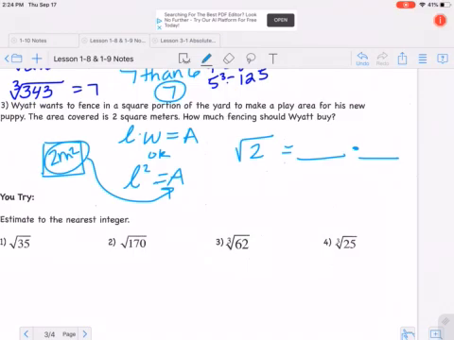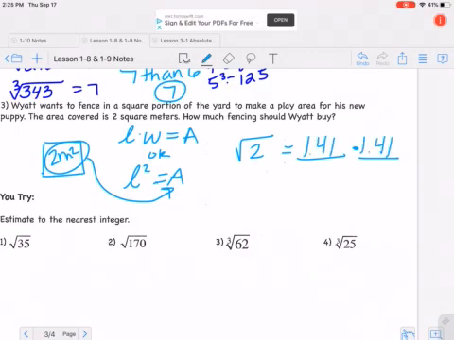Let me just check that. So the square root of 2. Yep, so it's going to be about 1.41.